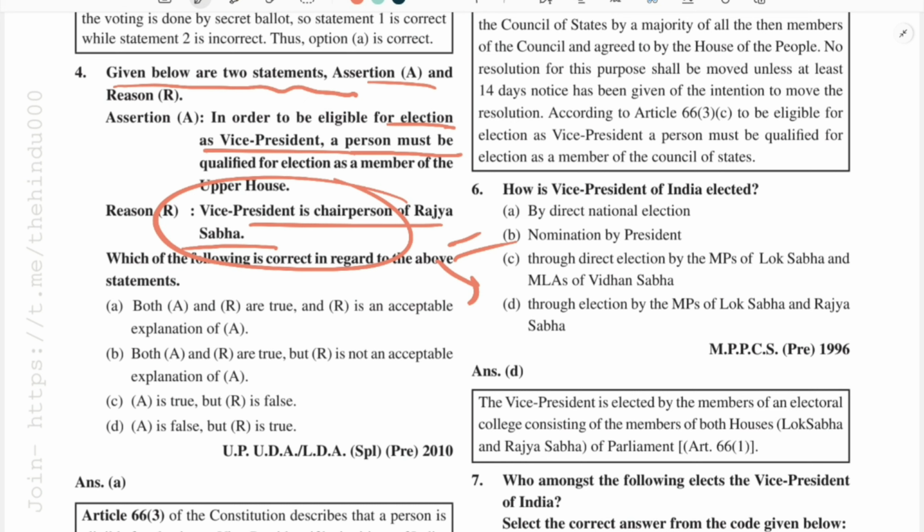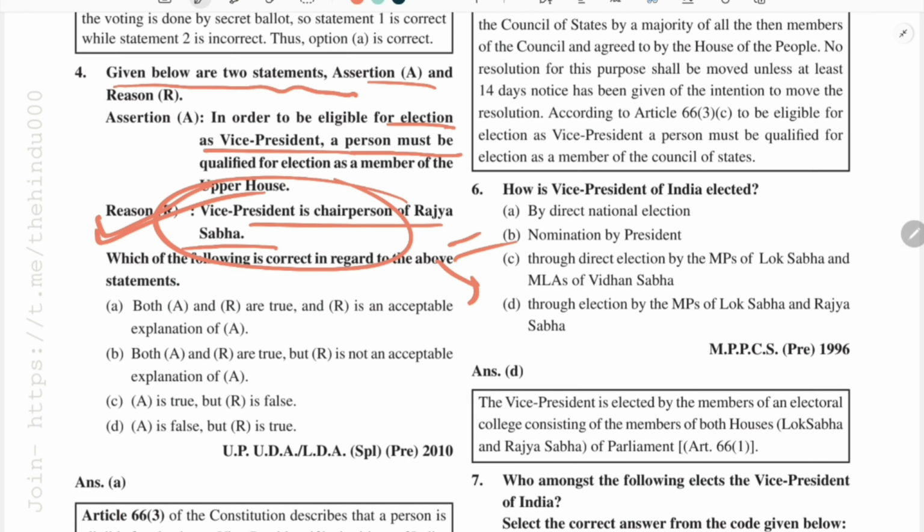By virtue of sitting on the position of vice president, he is by default the chairperson of Rajya Sabha, and this post is similar to the post in the American Constitution, where the American Vice President is the chairman of the Senate, which is the upper house of the American legislature. The lower house is the Congress.